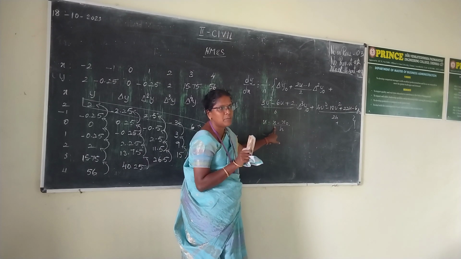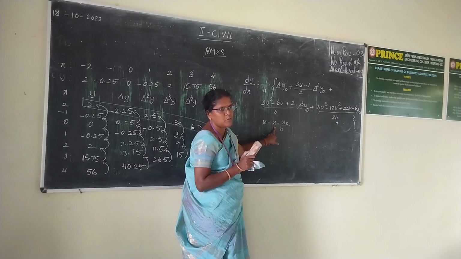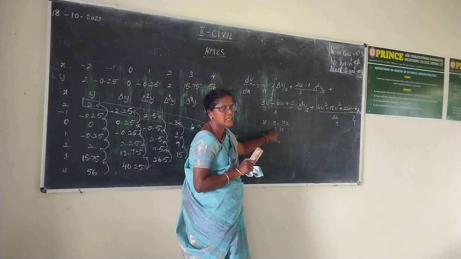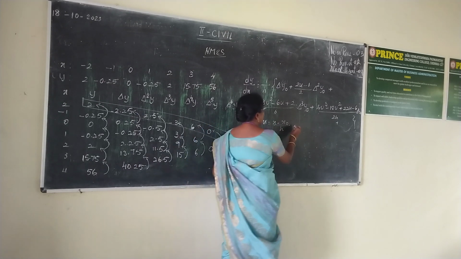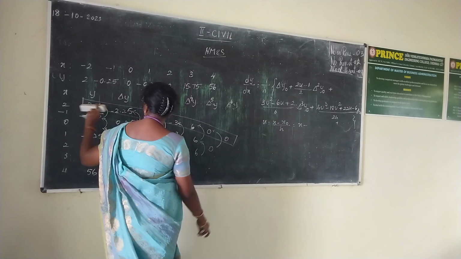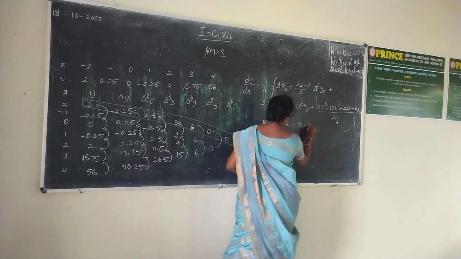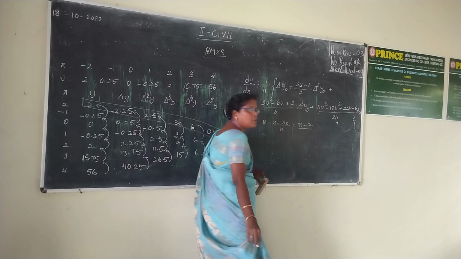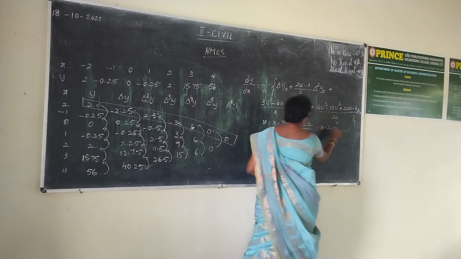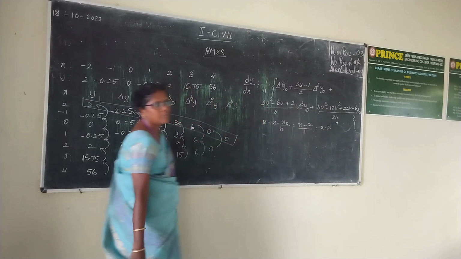Minus x naught, the first value of x, which is 2, divided by h, which is 1, the interval difference. So you are going to substitute u as x minus 2.